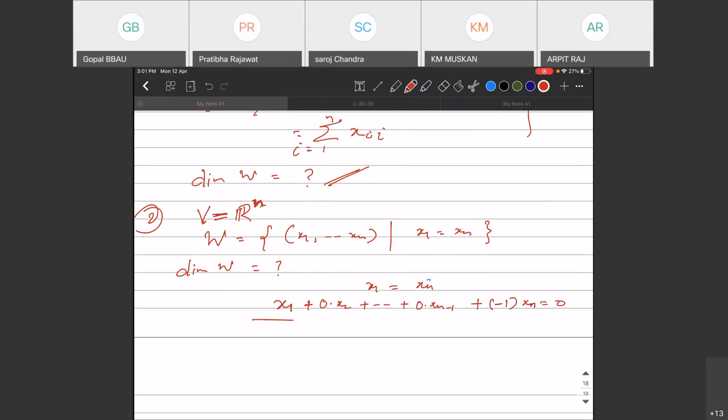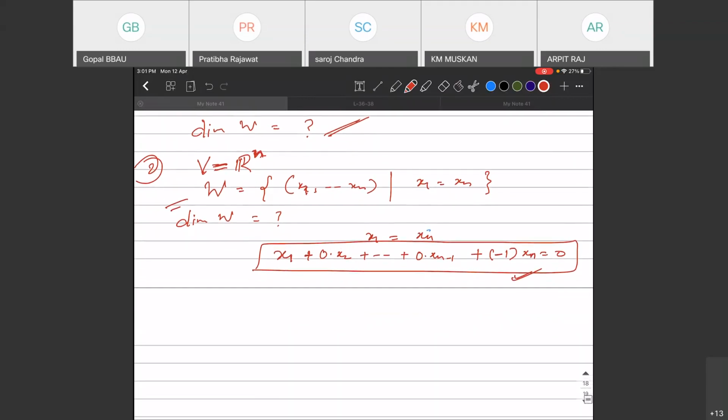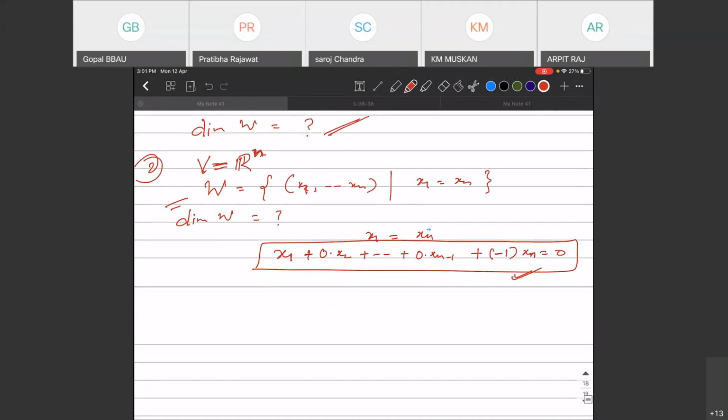So W is the solution space of this homogeneous linear equation.